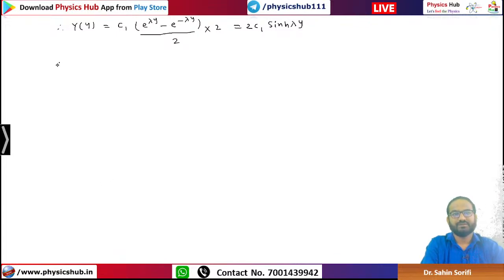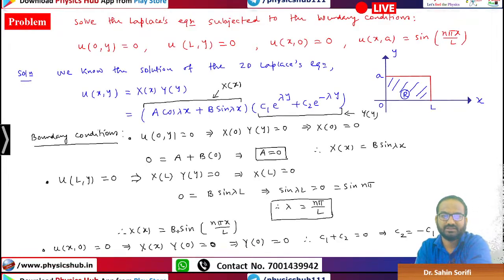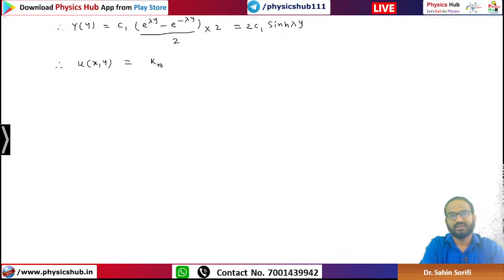And hence you can write the overall solution u of x,y is equal to 2c1 into bn. So 2c1 into bn is another constant, so let's denote that constant by kn.